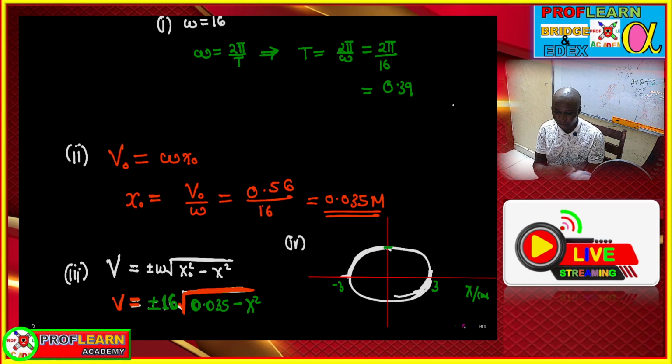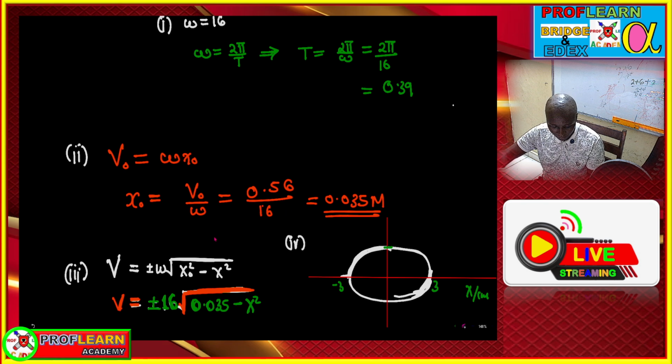In this case, we are asked to determine the amplitude. And for the amplitude equation, we are going to use this particular equation at this point, and because we know v naught is 0.56, omega is this value that we had here, 16, and then if you work it out, you're going to get 0.35.